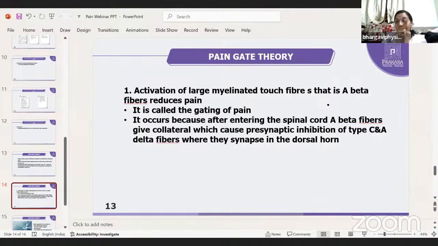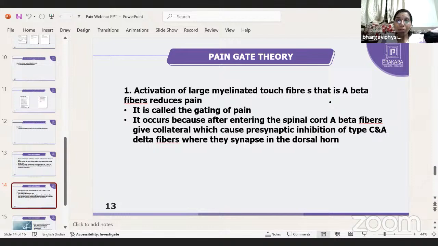When it comes to carrying the touch sensation, our A beta fibers are going to carry it. When we are rubbing, the activation of the large myelinated A beta fibers is going to occur, which is going to close the gate of our dorsal horn partially or completely.